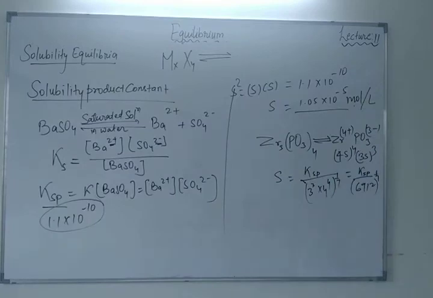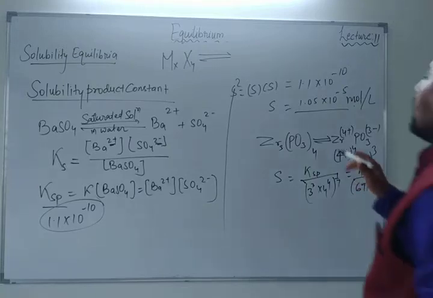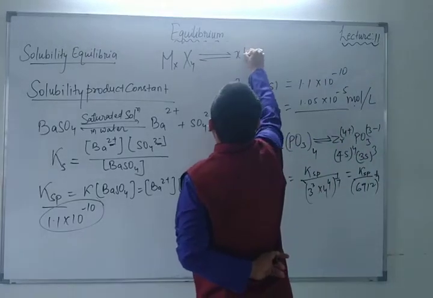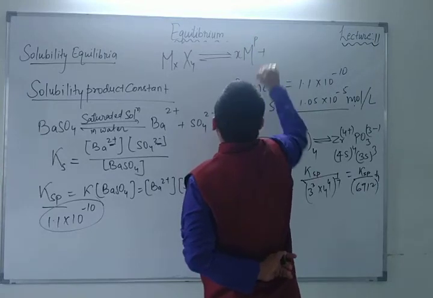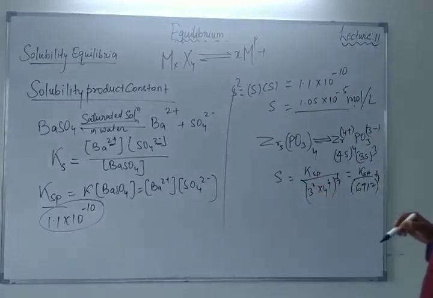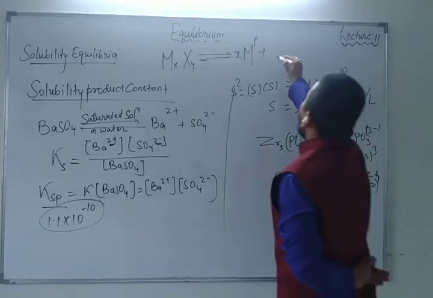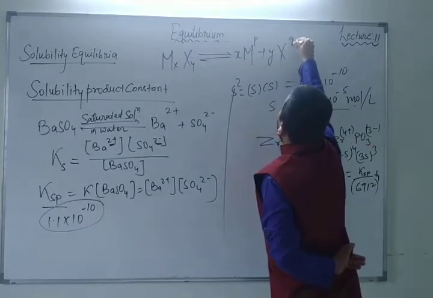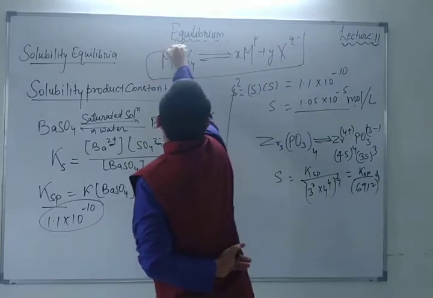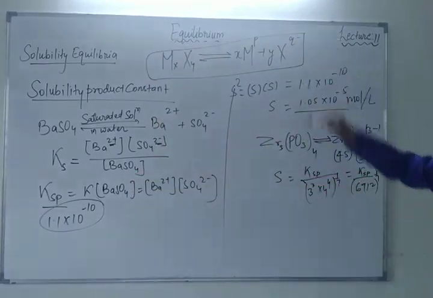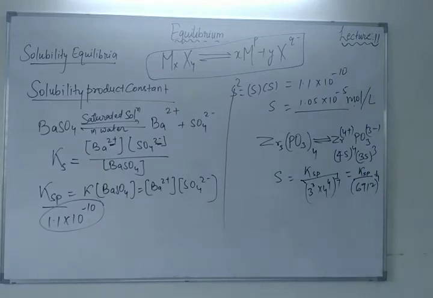This is a salt, so no need to worry: MxXy gives x M^p+ and the anion will be y X^q minus. So this is the method by which you can represent the equation and calculate the solubility product constant, right?